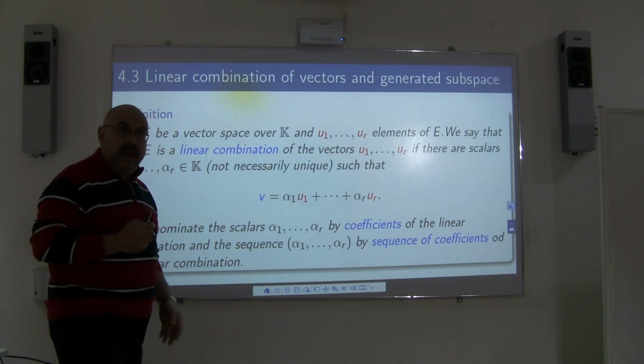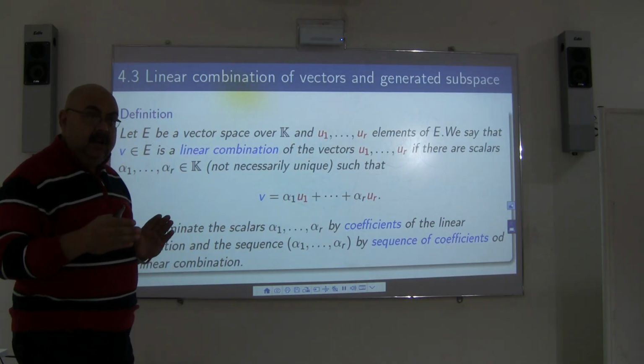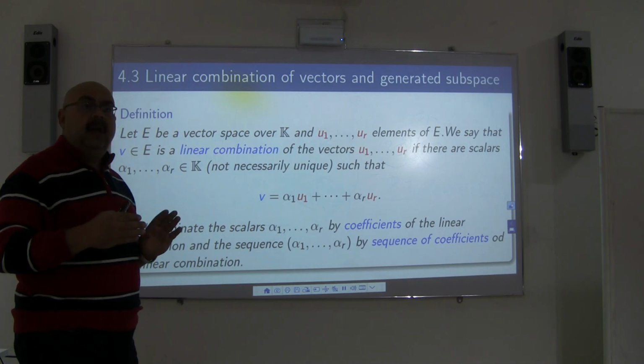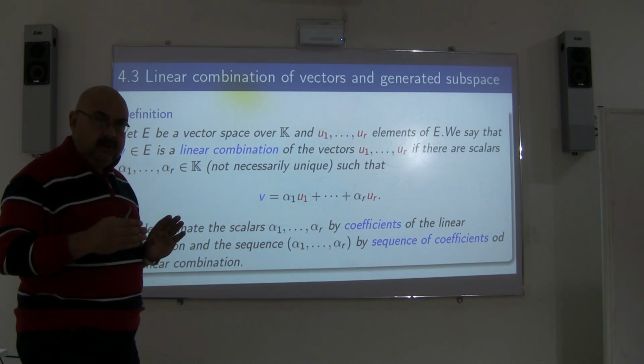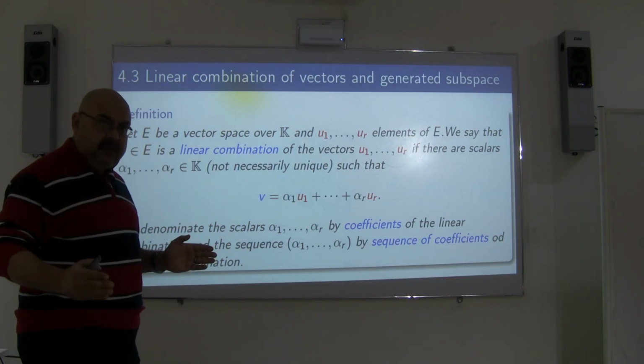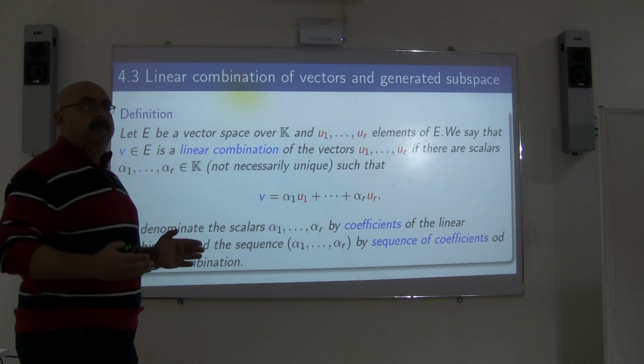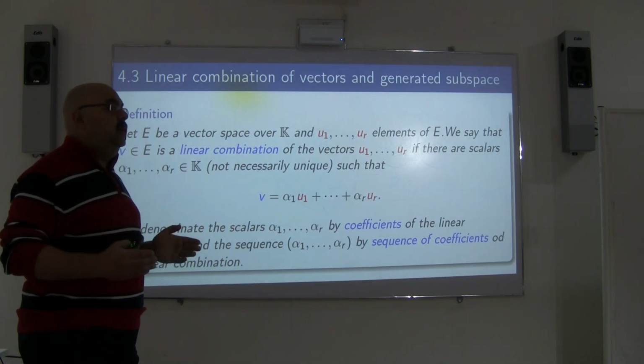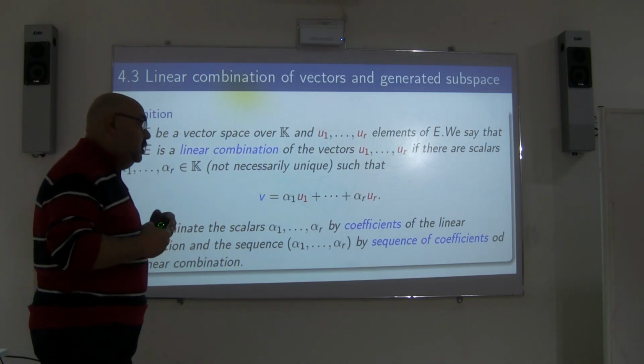Once more, I have a vector space, E. This vector space contains a bunch of vectors. Those vectors form this vector space by a linear combination. What's a linear combination of a set of vectors?